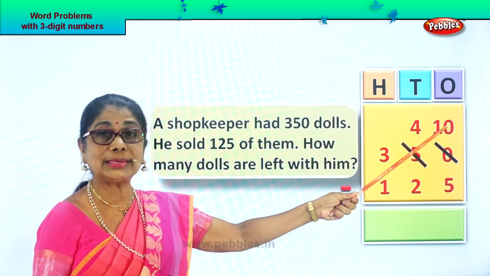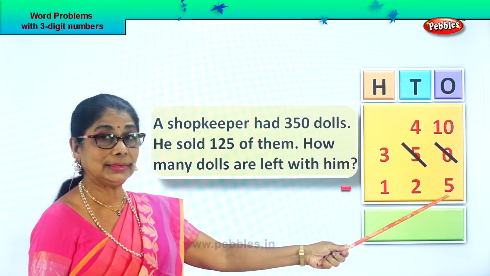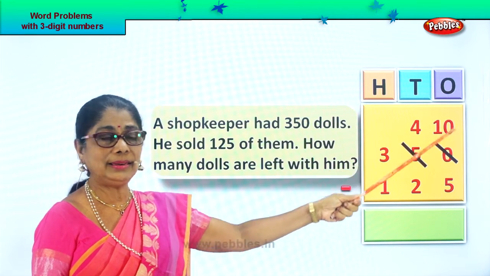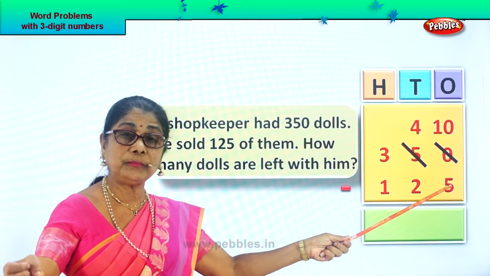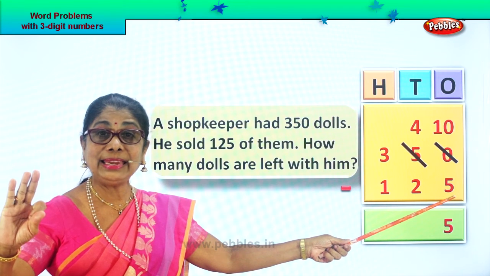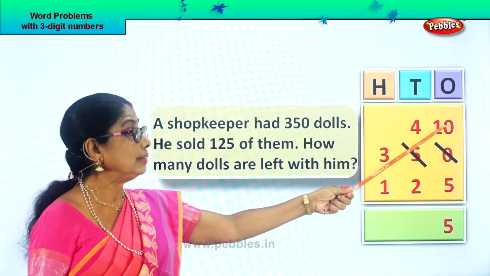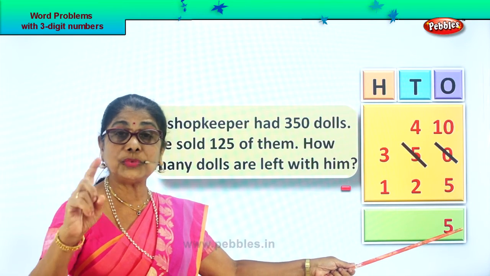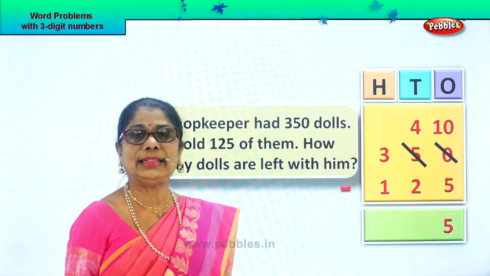From the 10 ones, minus 5 ones. 10 take away 5. After 5, 6, 7, 8, 9, 10. 10 minus 5 gives you 5. So we write 5 ones in the ones place.